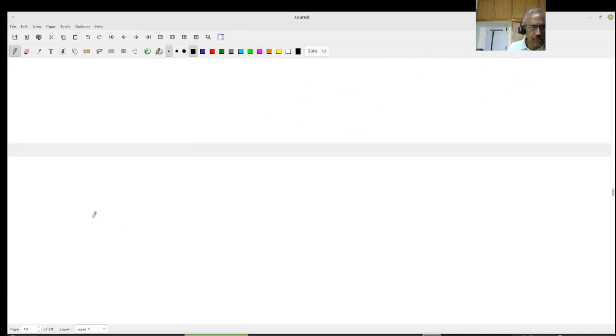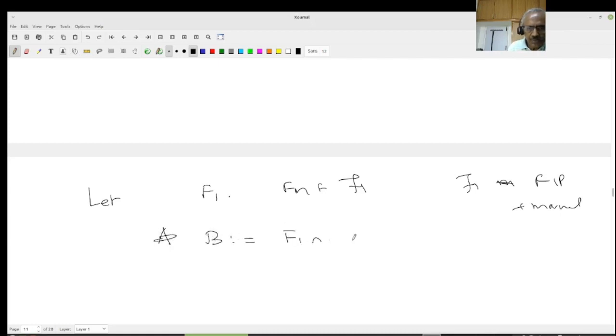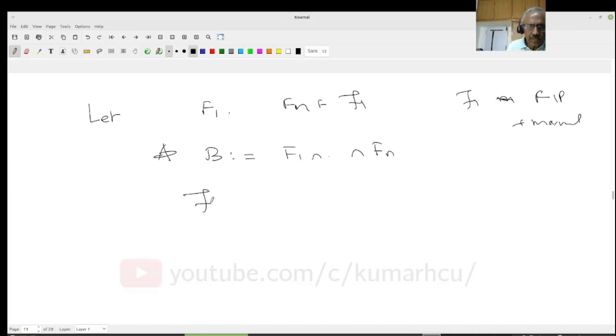Okay, so let F1, ..., Fn be in script F, and F is what? FIP and maximal. Keep that in mind. So let B equal to F1 intersection ... intersection Fn. Now look at F, look at G. This is not the same G as earlier.